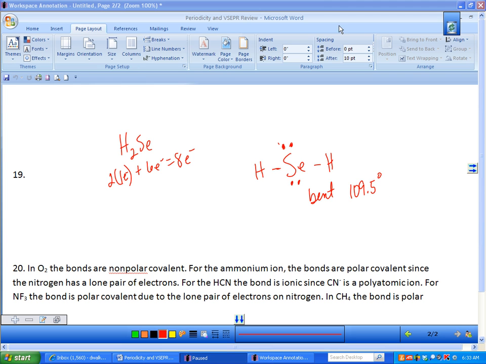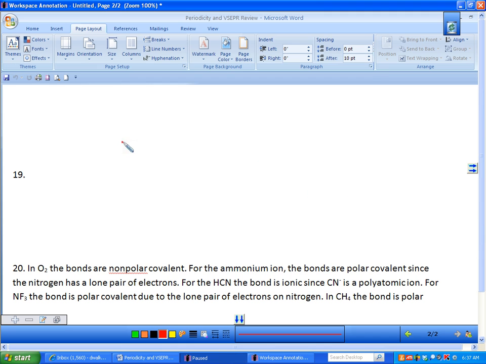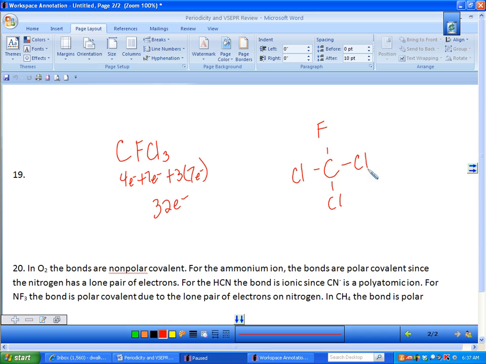And then I have, okay, my last one is CFCl3. So I have 4 electrons plus 7 electrons plus 3 chlorines, each with 7 electrons. So that's 21 and 11 is 32. So I have carbon in the middle, fluorine, chlorine, chlorine, chlorine.